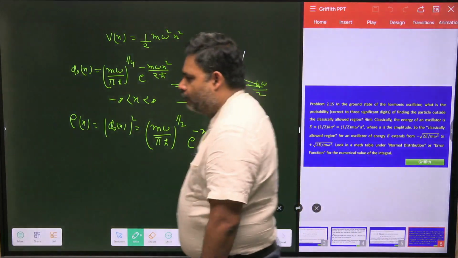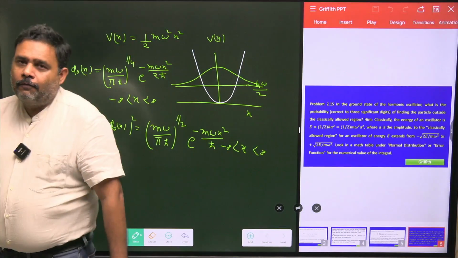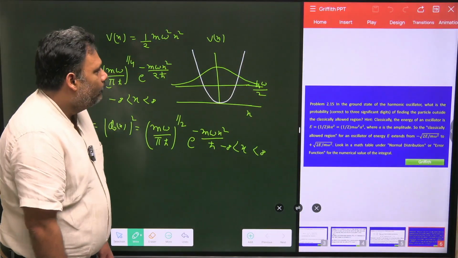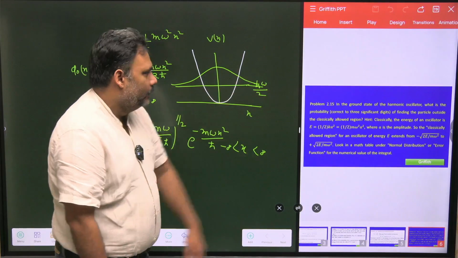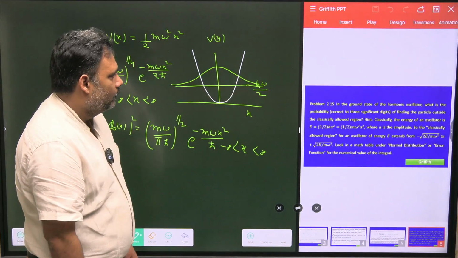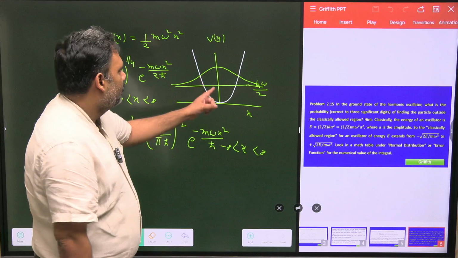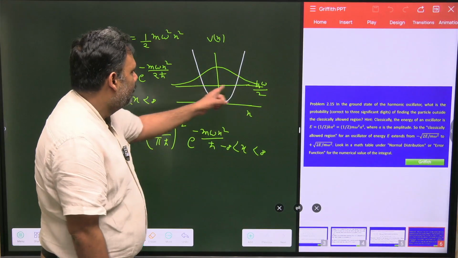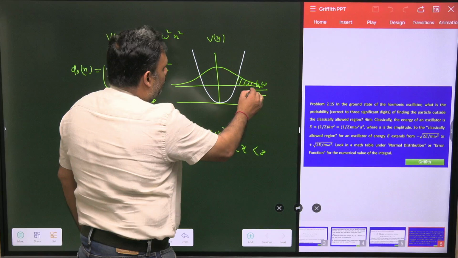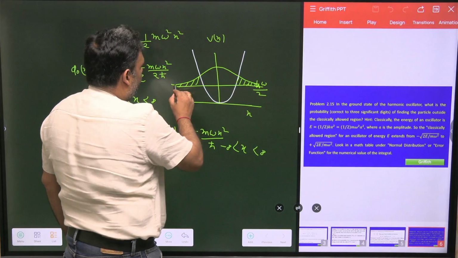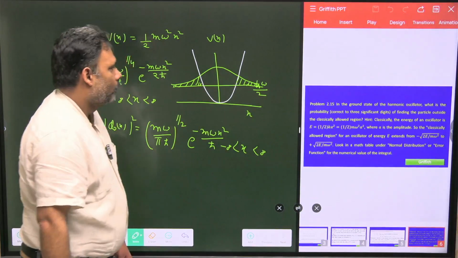In this problem, we have to find the probability that the particle will be in the classical forbidden region, that is, outside the classical allowed region. This region is the classical allowed region, and the area under these curves outside it is the classical forbidden region.